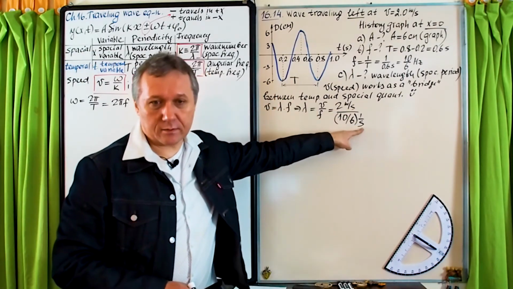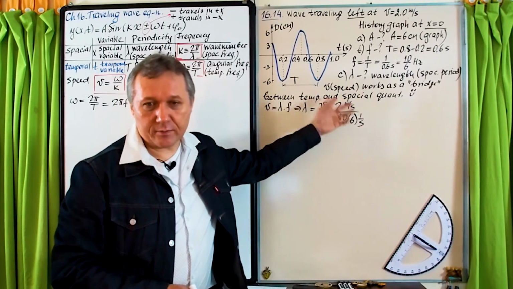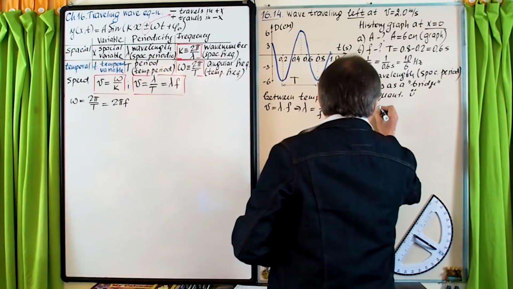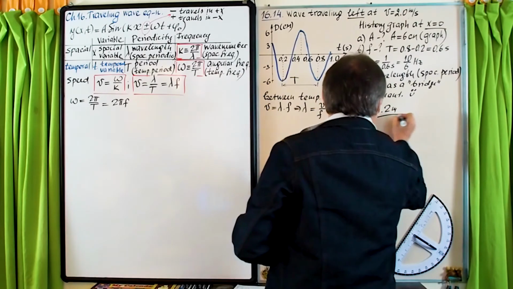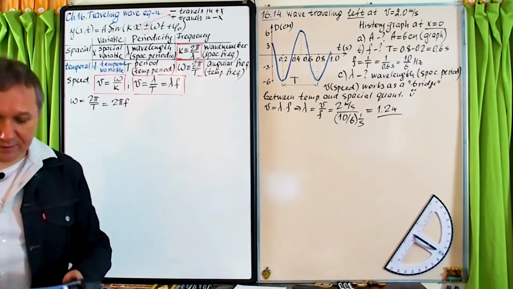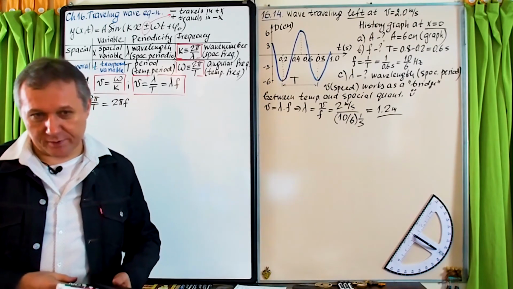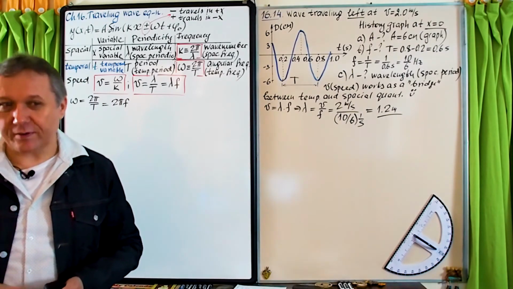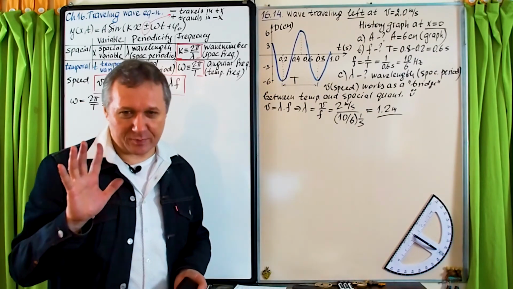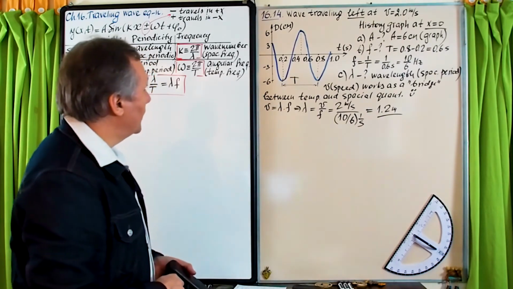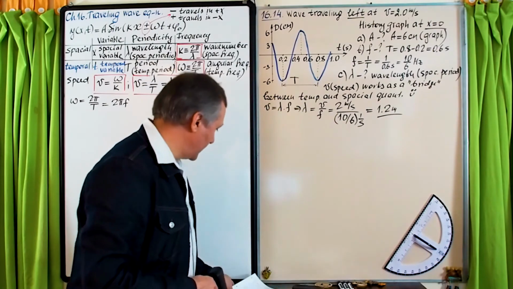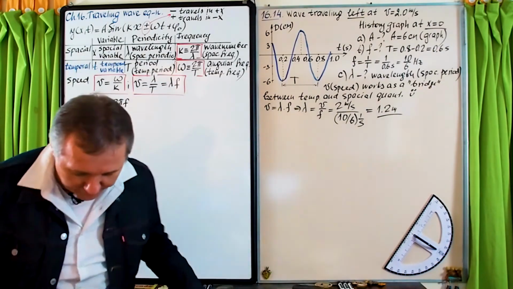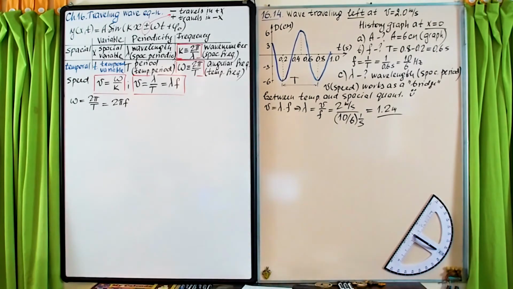Seconds and seconds get canceled, and we get just meters. So it will be 1.2 meters. That's the spatial periodicity. It's a distance over which a wave reproduces itself in space. So wavelength is done. Again, guys, if something needs to be clarified or explained more, tell me.